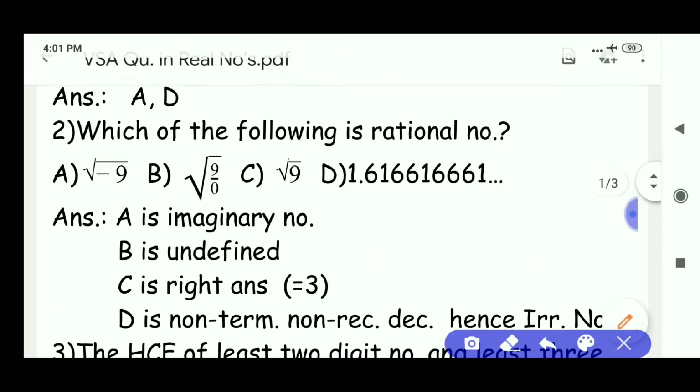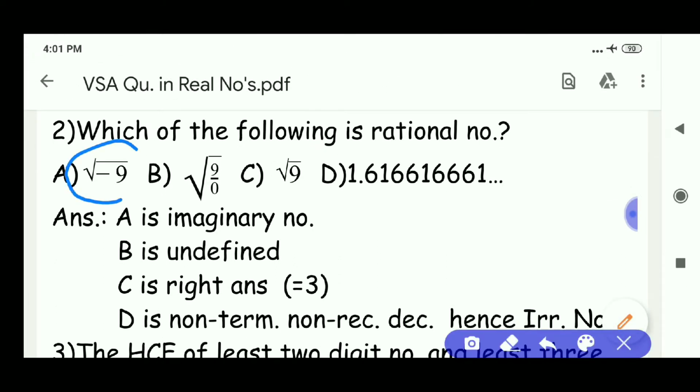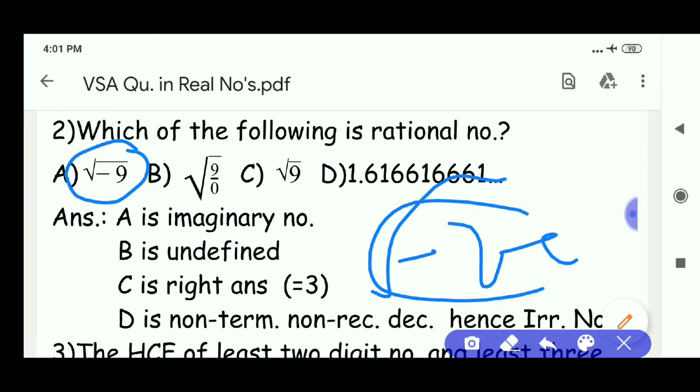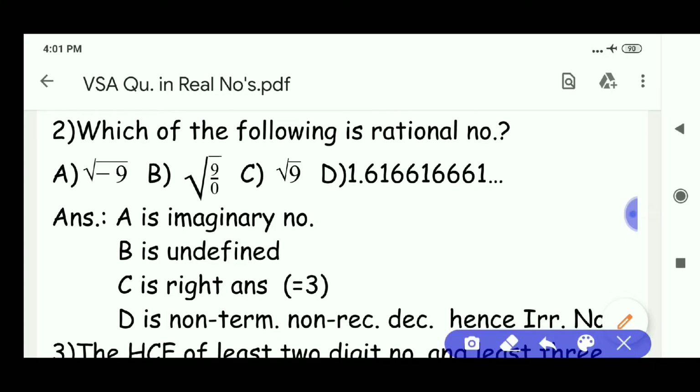Observe here. The first one is a negative number under a square root. A negative number under a square root is not a real number. It is called an imaginary number. So, A is an imaginary number.